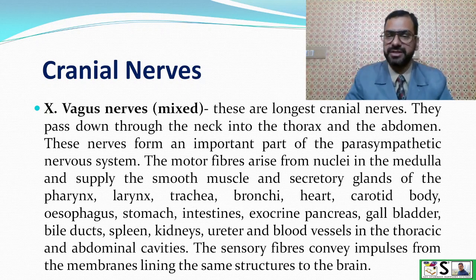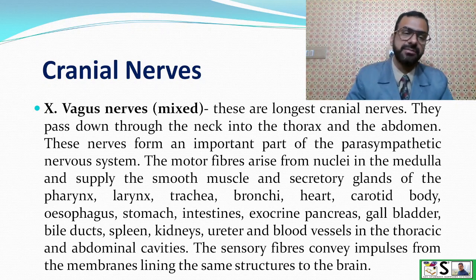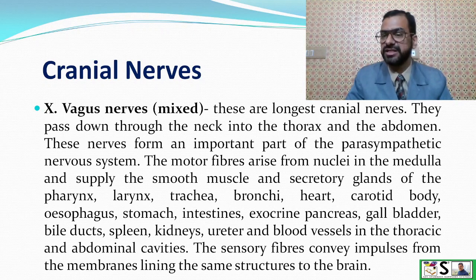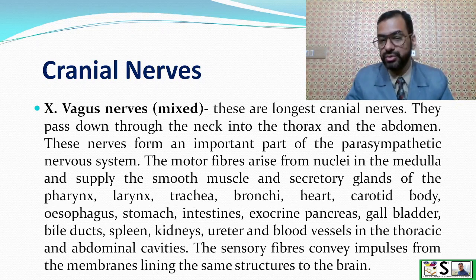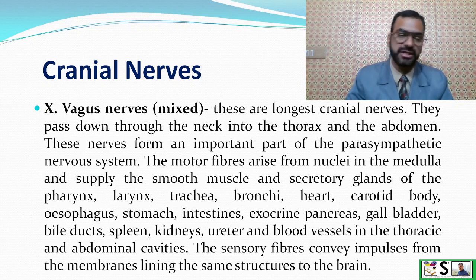The motor fibers arise from the nuclei in the medulla and supply the smooth muscles and secretory glands of the pharynx, larynx, trachea, bronchi, heart, carotid bodies, esophagus, stomach, intestine, pancreas, gallbladder, bile ducts, spleen, kidney, ureter, blood vessels in the thoracic and abdominal cavity, and sensory fibers.